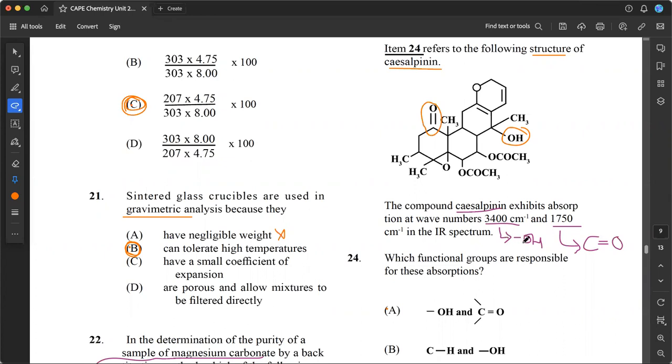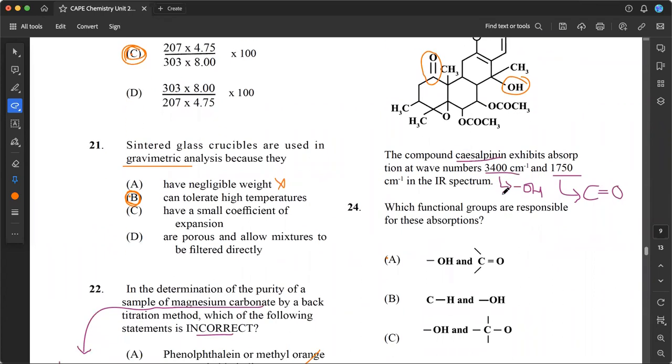So that would be an OH group. And then 1750 is our carbonyl group that's here, right? And so we have OH and C=O. And so our answer here is going to be A. Okay, so for a question like this, you would just consult your data booklet and see what would correspond to these respective wave numbers, and you'd come up with OH and the carbonyl, okay?